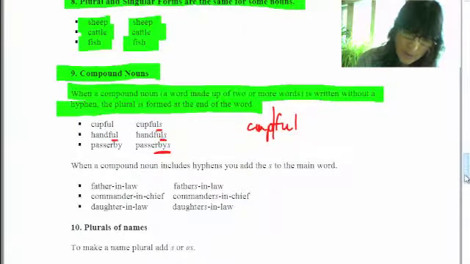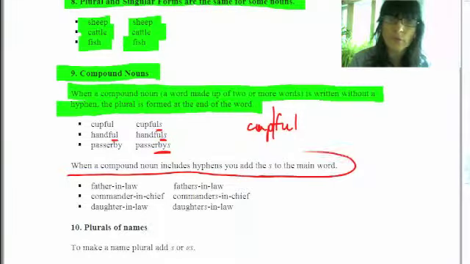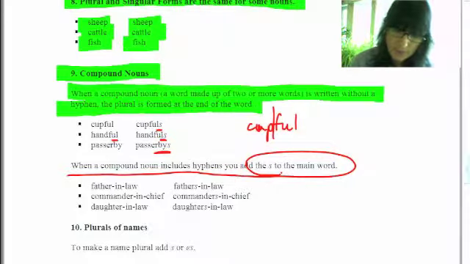But when a compound noun includes a hyphen, and some compound nouns have hyphens, you add the S to the main part of the word. Sorry, not the last part, the main part of the word. Let me explain. Father-in-law, that's one of those words that's a compound word, but it's always hyphenated.